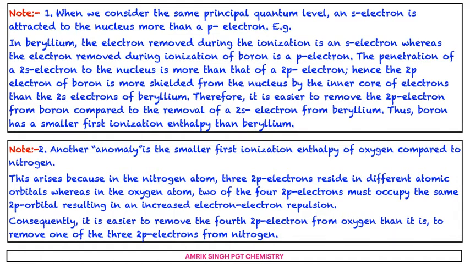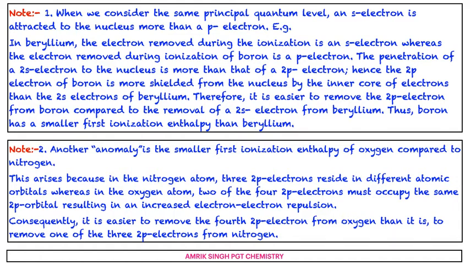In beryllium, the electron removed during ionization is an s electron, the outermost is the s electron. The electron removed during the ionization of boron is a p electron. The penetration of 2s electron to the nucleus is more than that of 2p electron. 2s electrons are closer to the nucleus than p electrons.